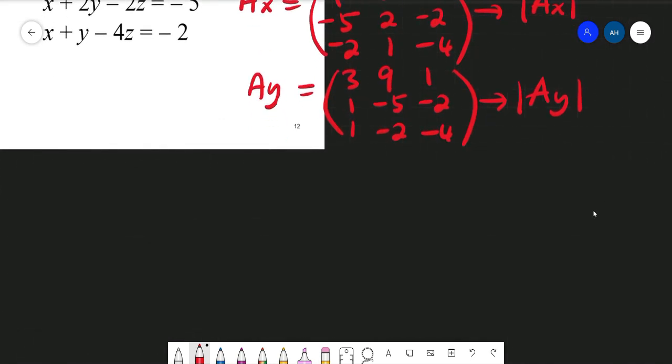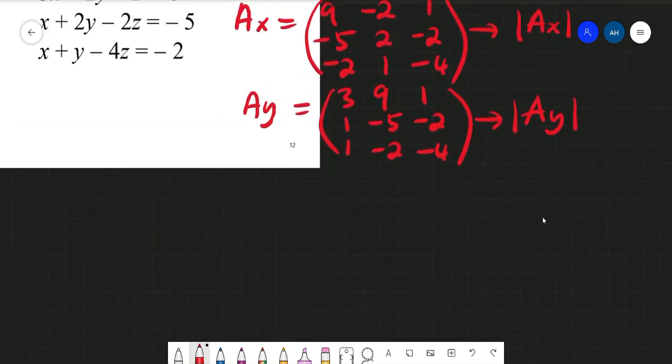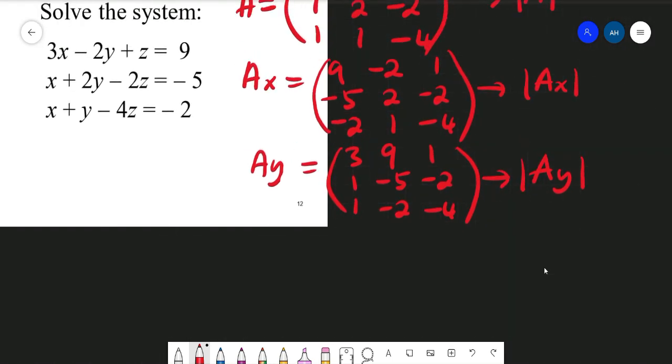Now for AZ, that is the last matrix that we need. The first column is the same: 3, 1, 1. The second is also the same: negative 2, 2, and 1.